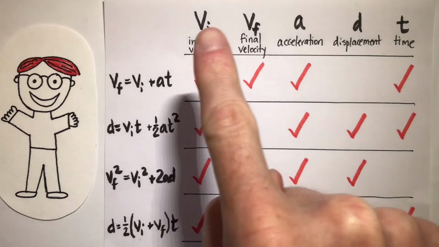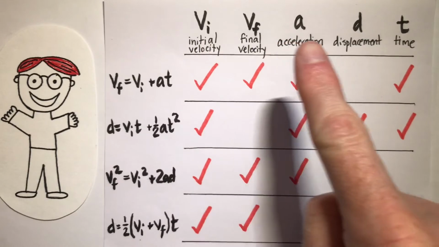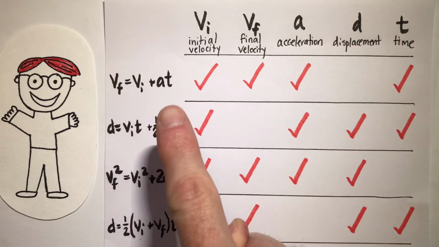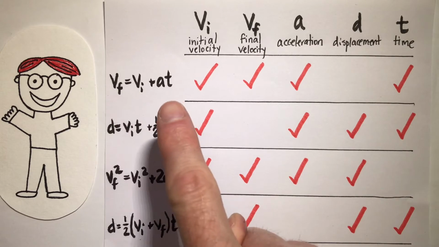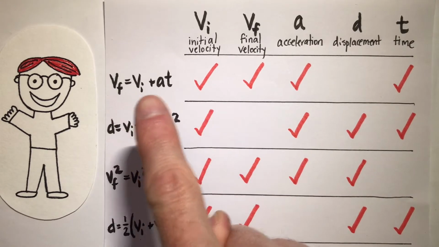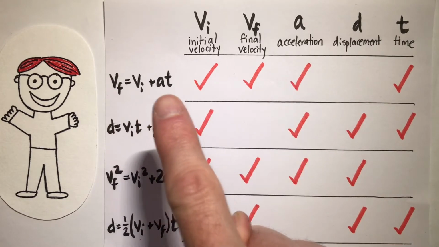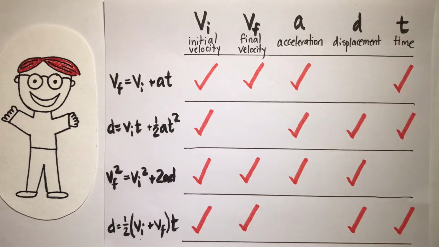As well, you'll notice that all of our variables are listed across the top, and I've highlighted which of these variables are involved in every single equation. So for example, in our first equation, initial velocity is present, final velocity is present, acceleration is present, and time is present. Now why is this going to be helpful? Well, you'll notice here that we are missing displacement.